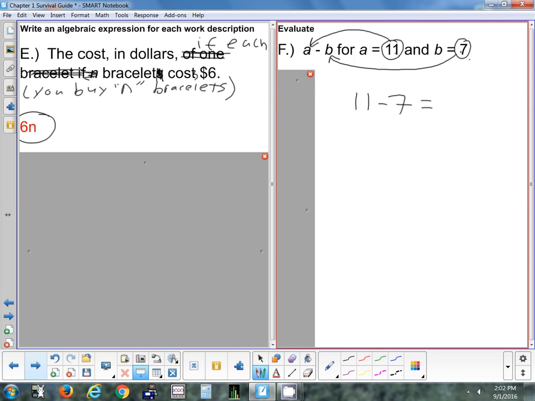Careful, if you did 10 minus 7, that would give you 3. Yeah, 11 minus 7 gives me 4. And that's what they're looking for. Anytime you see the word evaluate, what that means is to get a number for the answer. You're going to plug something in and then get a number.